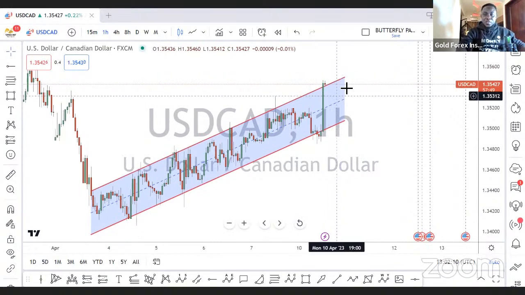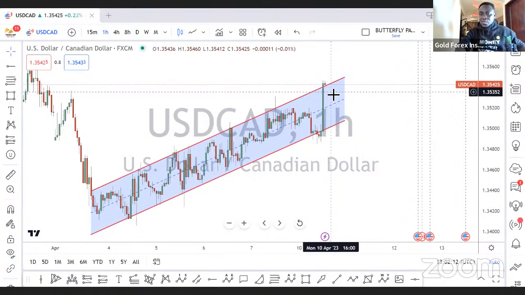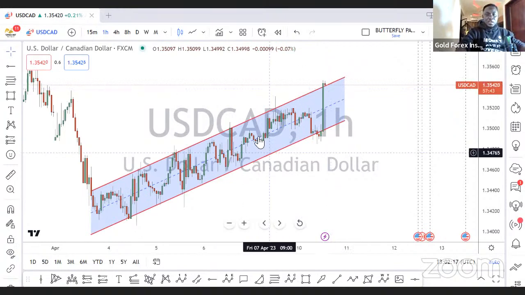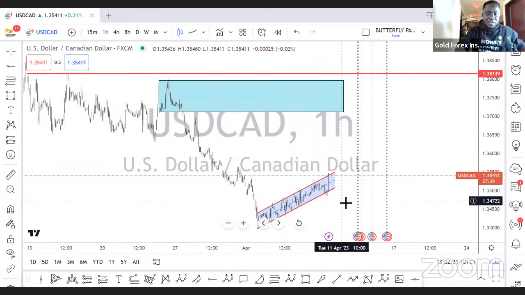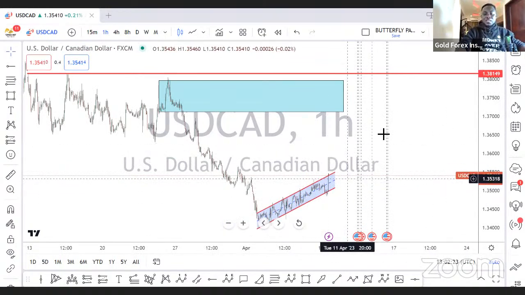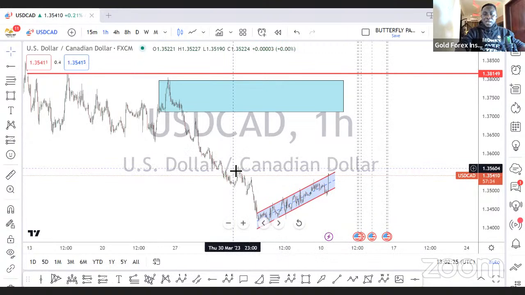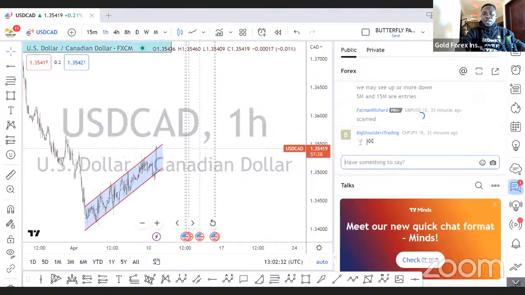It's not an ideal pair that I'm looking at because the way it's moving, I don't like it. But I'm still buy bias on USD CAD, though it's not an ideal pair that I am looking at.